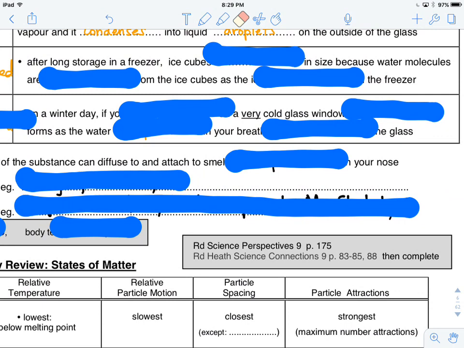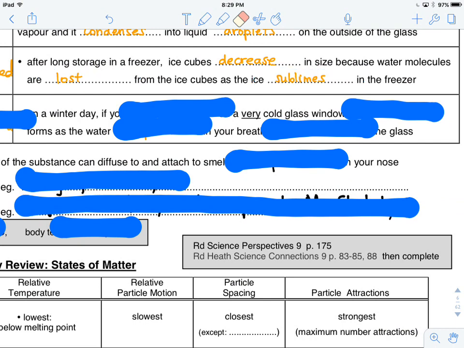So an interesting example is that after a long time being stored in a freezer, ice cubes will decrease in size because water molecules are lost from the ice cubes as the ice sublimes in the freezer.